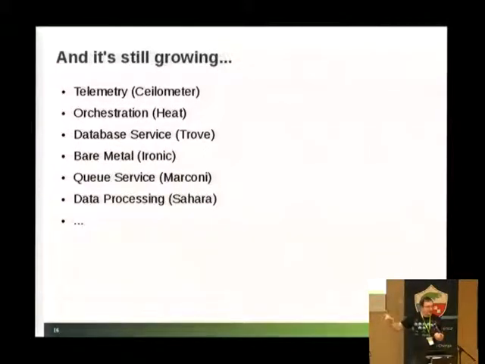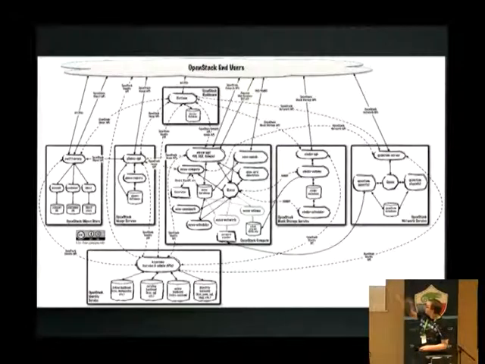Trove got integrated in Icehouse. And then we have at least 3 incubated projects which are not officially OpenStack yet, but are going to be part of OpenStack at some point. So that's 6 more boxes, and there are more. I mean, always more. So if you look back at this diagram, you need the whole wall at the end to see something.